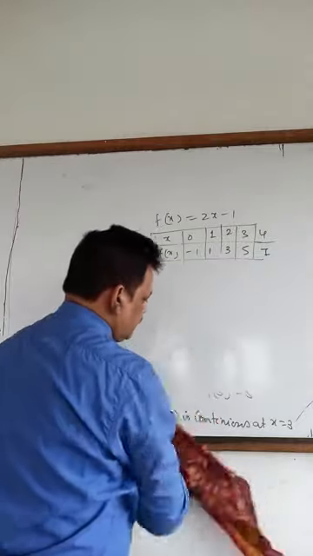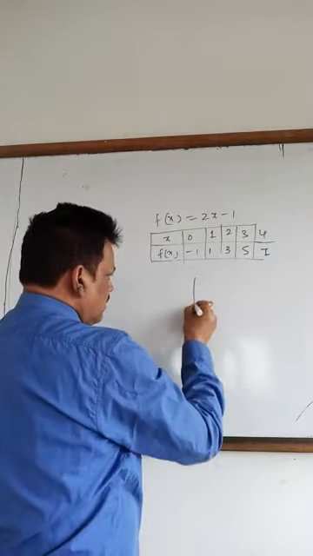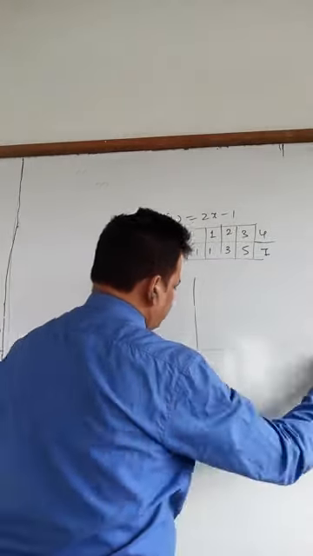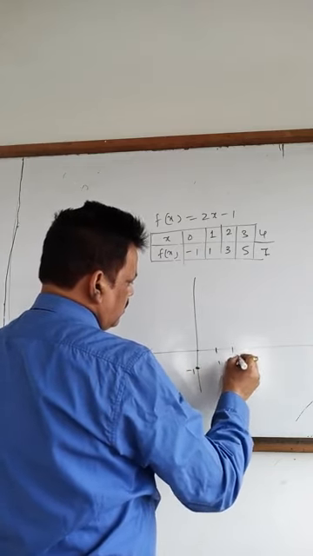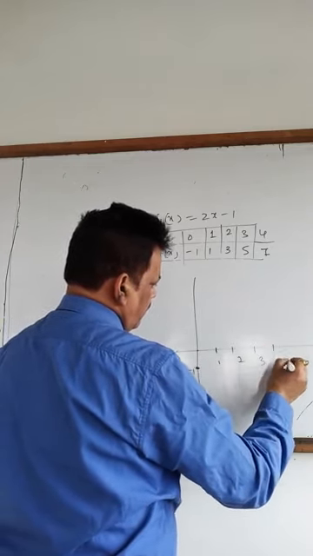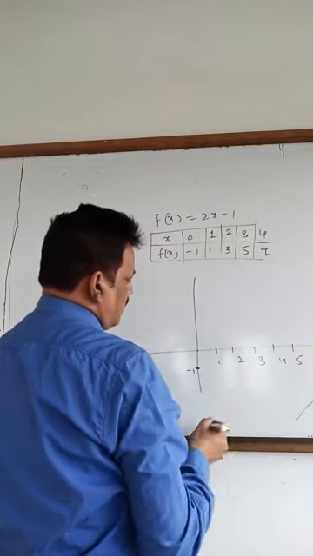Now, if I draw the graph of this, look, 0, minus 1, this is your minus 1, this point 1, 2, 3, 4, 5, like that.